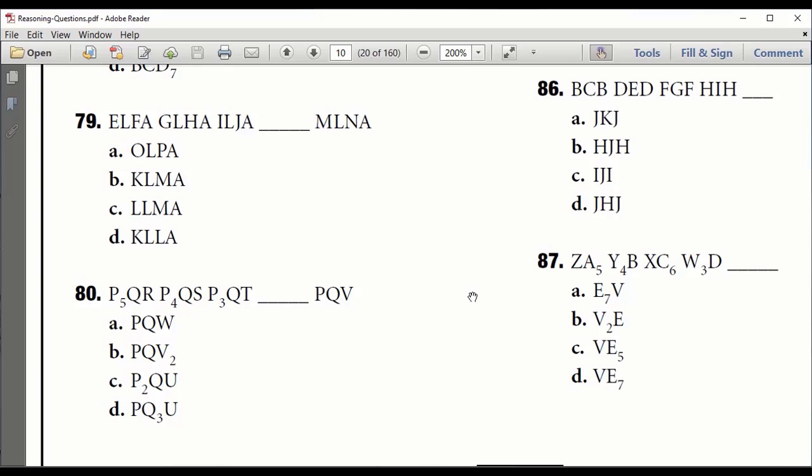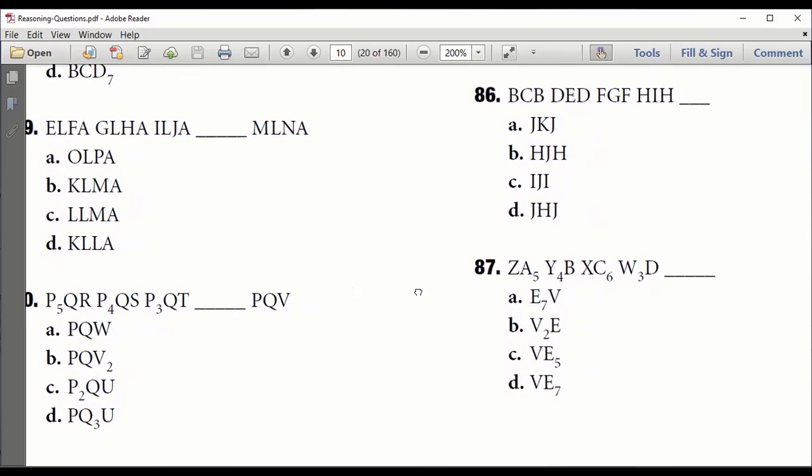Because if we see the letters, E for the first statement, then one skip F, next will be G, then again one skip H, then next will be I. If we go according to that, we'll get the next letter K. So B or D option. Now L is the same in all the options. So again B and D. Now F, skip G, H, then again skip I, then J. So next will be L. So D option is correct. Very good. Thank you.